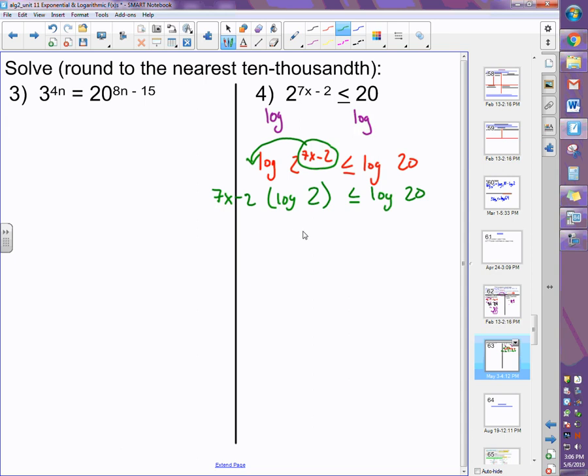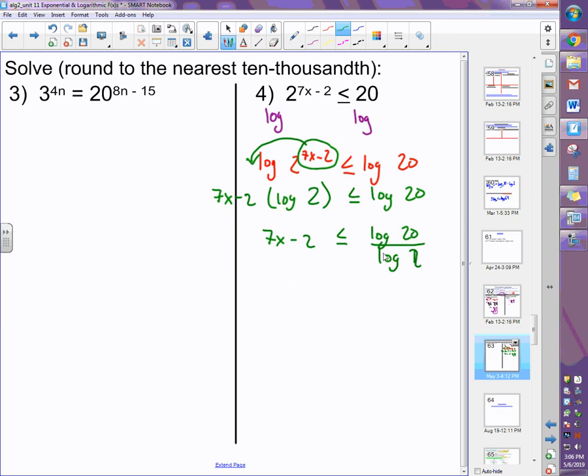Now I would divide both sides by log base 10 of 2, so that I'm left with 7x minus 2 less than or equal to log base 10 of 20 divided by log base 10 of 2.